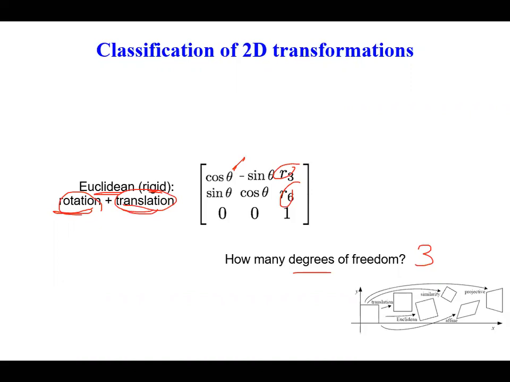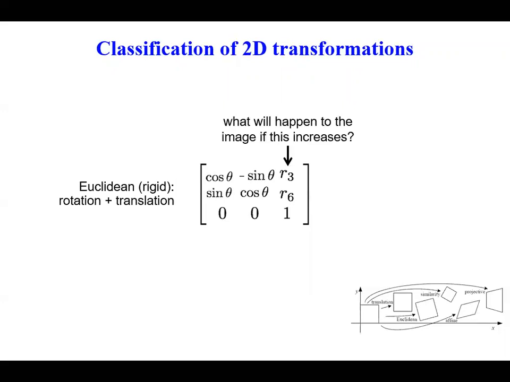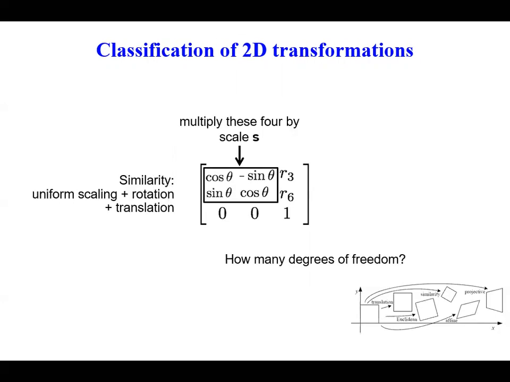If I change the theta, this is 1. If I change the translation in the X direction, this is another 1. If I change the translation in the Y direction, this is another 1. So now I have 3 degrees of freedom. I can change 3 variables. So this just shows you what will happen to the image if this is increased, and so on and so forth.